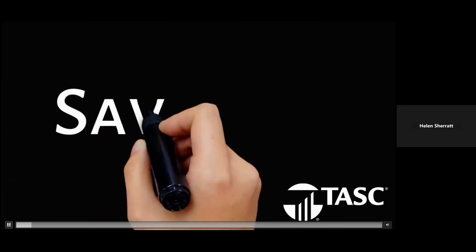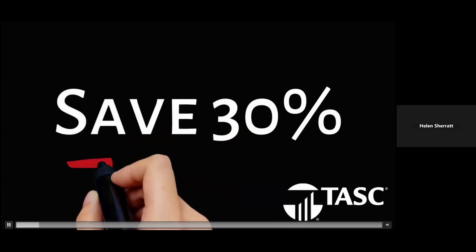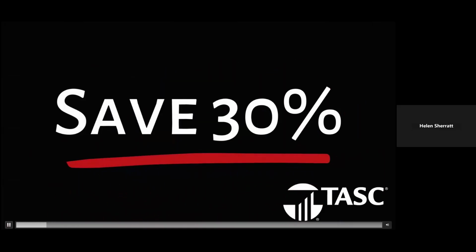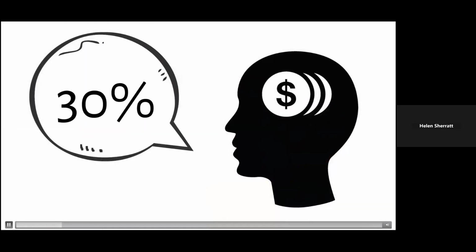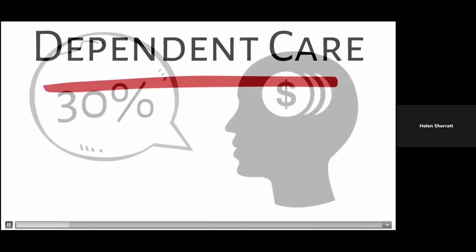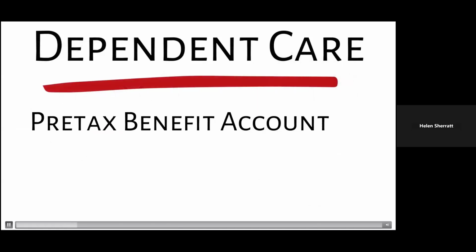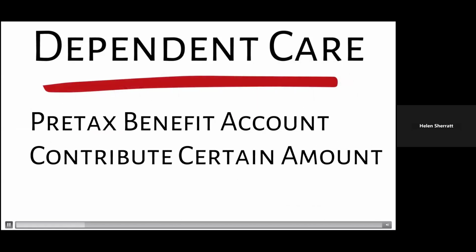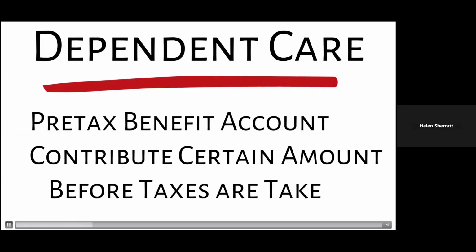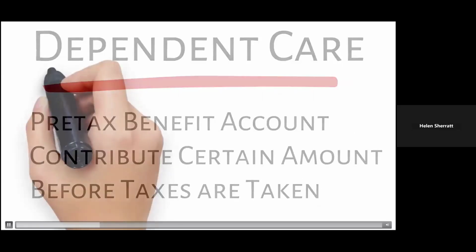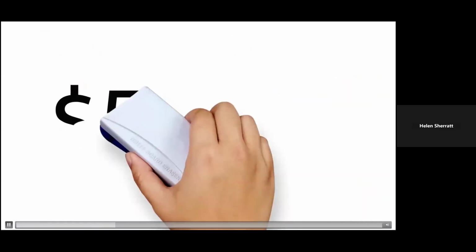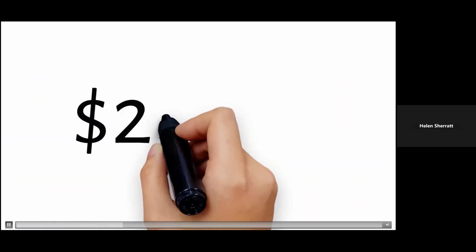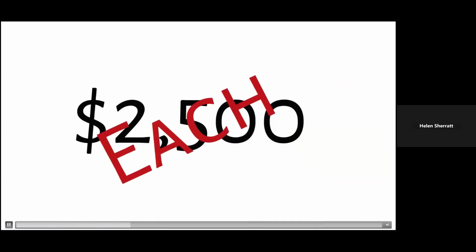A dependent care FSA lets you save up to 30% on care expenses for your eligible dependents while you work or go to school. Think about what you pay right now, 30%. It's a pre-tax benefit account, meaning you elect to contribute a certain amount each year, and those funds come out of your paycheck before taxes are taken. You can contribute up to $5,000 per year, or you and your spouse can contribute $2,500 each, divided into equal payroll deductions.